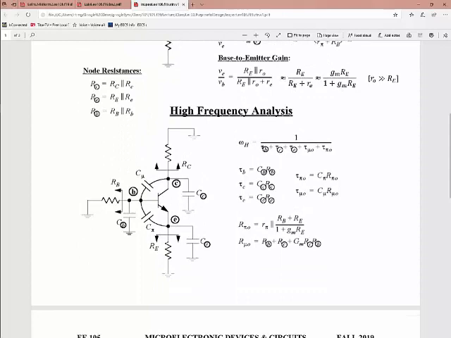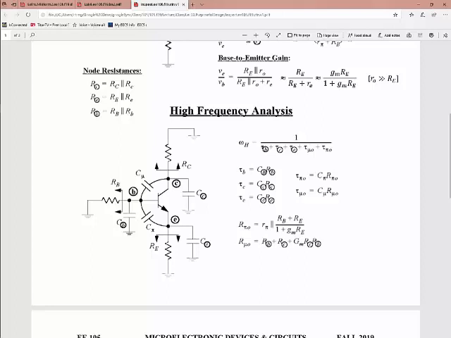That's the same capacitor as Cμ in the bipolar case. So remember, in bipolar, the driving point resistance for Cμ was this, rπ in parallel with RB plus RE over 1 plus gmRE. rπ is what for MOS? It's infinite, right? It's beta over gm. Beta goes to infinity, so it's infinite. So I really just have this equation here.